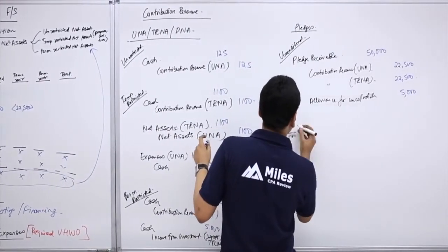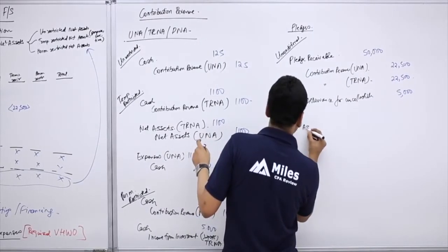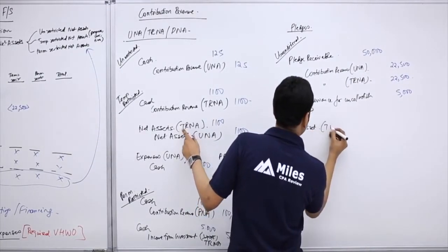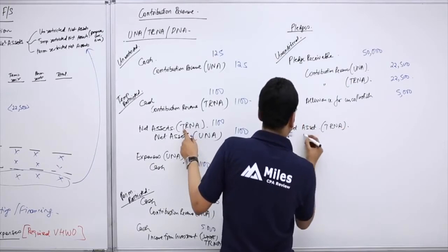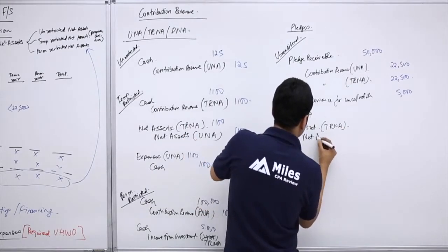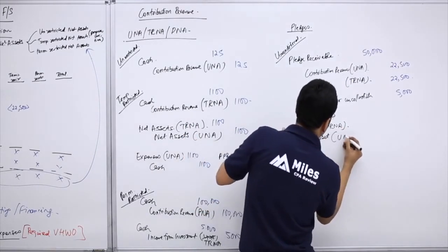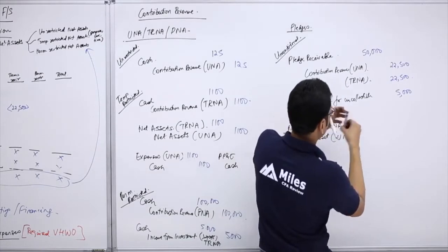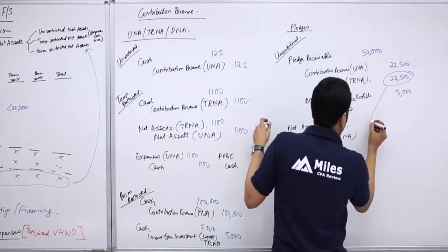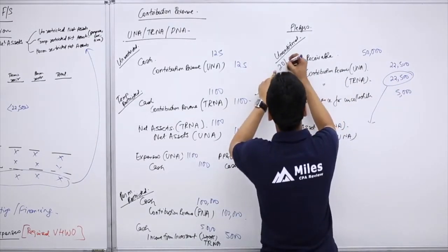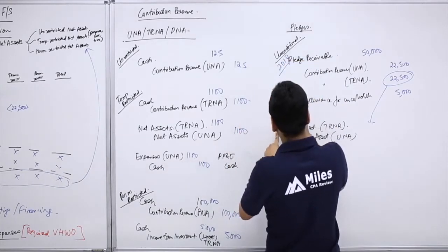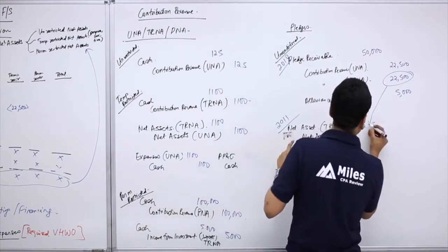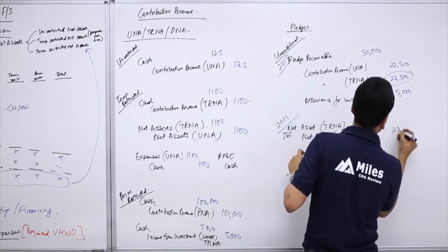So that would be net asset TRNA. This is released and this comes into unrestricted. So this 22,500 for next year. So this is in 2010, this is the journal entry. 2011, this would be the journal entry when this gets released from restriction.